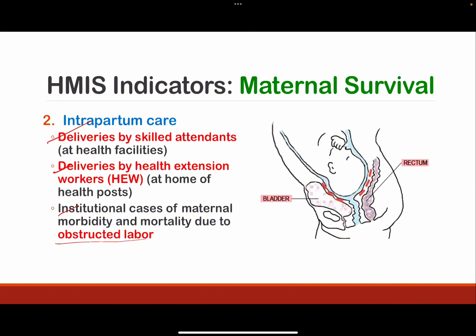Obstructed labor: even though the uterus is contracting normally, the baby does not exit the pelvis during childbirth, maybe because it is physically blocked. The complication for the baby is that it does not get enough oxygen, which may result in death.